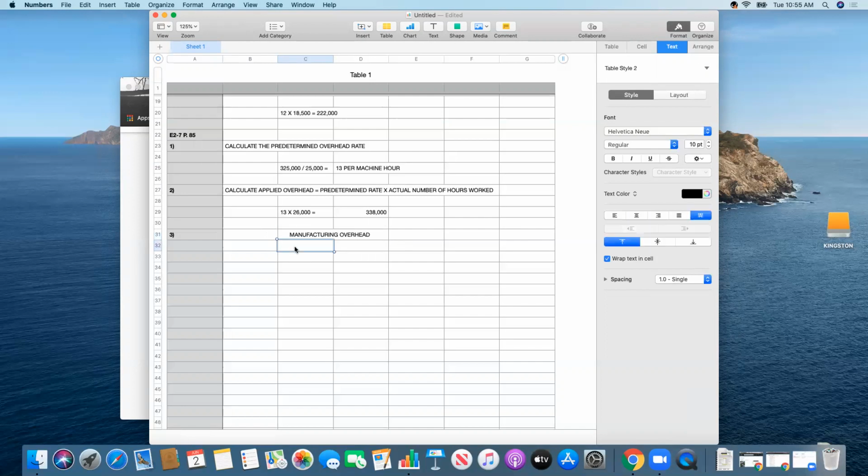Now remember, the debit side of the account is the actual, and the credit side of the account is the applied.